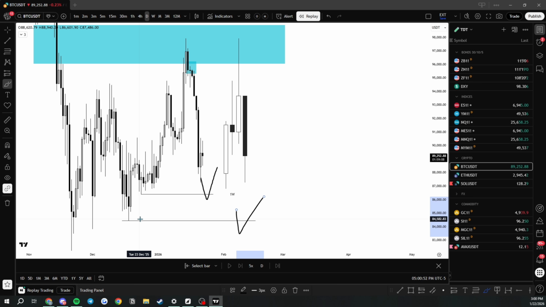We call that SMT. That's possible. Or we could even just take it and then bounce into this bearish order block. It's not a bearish order block yet, but it's probably highly likely to become one. And then send back lower.